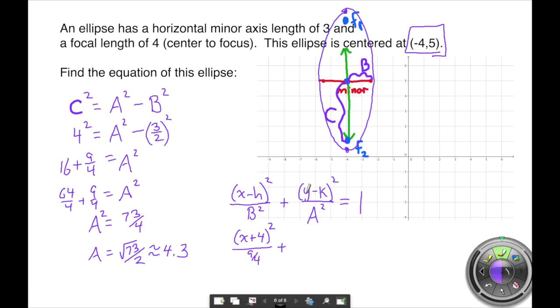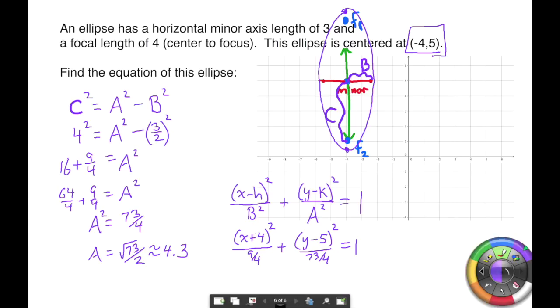Plus, all right, and then y minus k is going to be y minus that 5, the center, all squared, over a squared, and a squared was 73 fourths. So 73 fourths, and it's equal to 1. So that's a decent equation. It just looks a little funny. I hate having fractions inside of fractions.